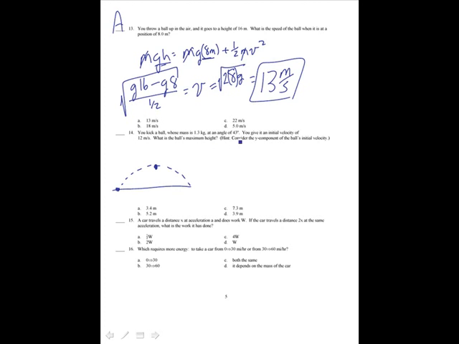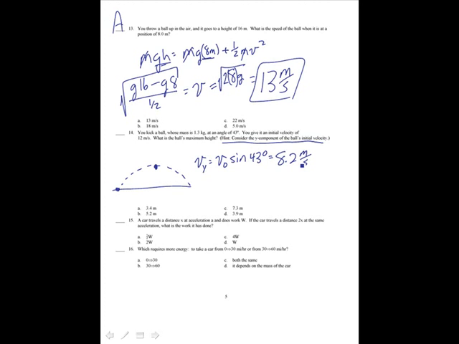The hint is to consider the y component of the ball's initial velocity. The y component of the initial velocity, Vy, is equal to V0 times the sine of the angle, which in this case is 43 degrees. So that is 12 sine of 43, which gives me 8.2 meters per second. It's that kinetic energy that gives us our height.